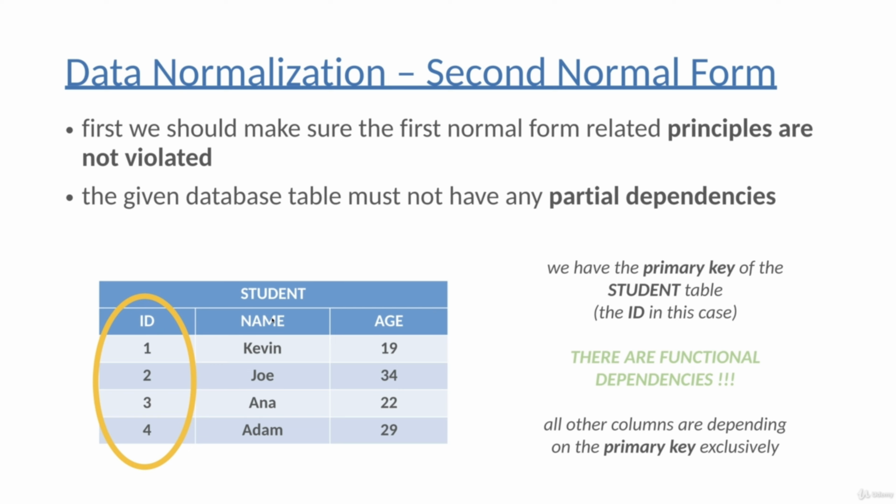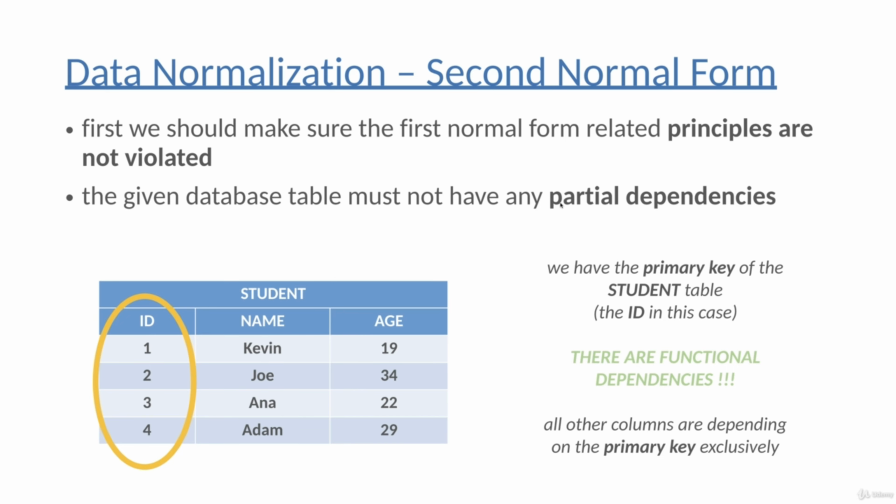So the name of the student, of course, has something to do with the student, and of course the age of the student has something to do with the student itself, because this is the age parameter for a given student. So the primary key or the ID is going to identify a given student, and all the columns such as name or age are depending on the primary key exclusively, and these dependencies are called functional dependencies.